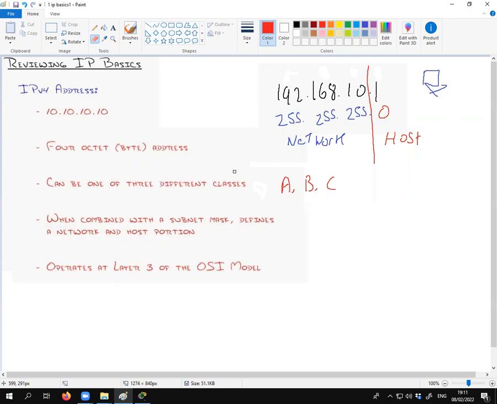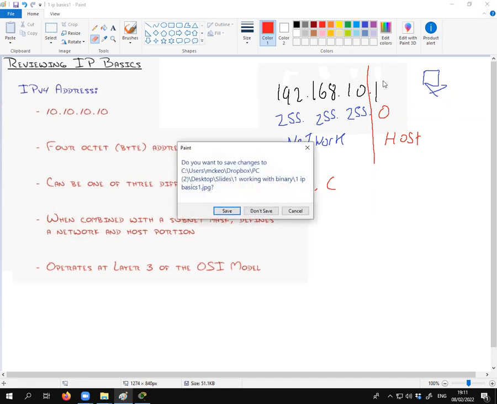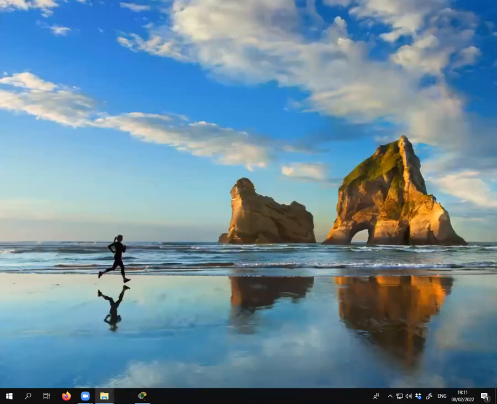Right, we'll move on from that slide. But very important: 255 of the subnet mask represents the network part of the address, and 0 of the subnet mask represents the host part of the address.